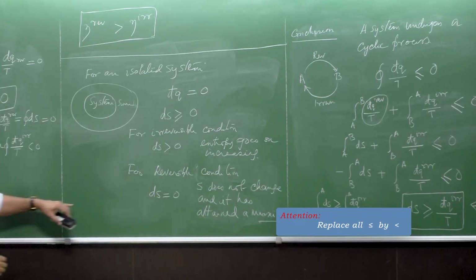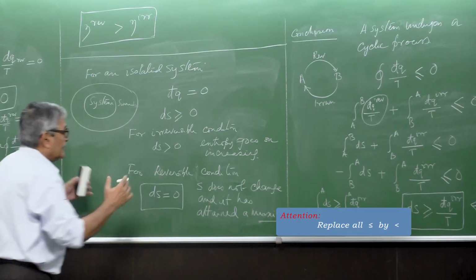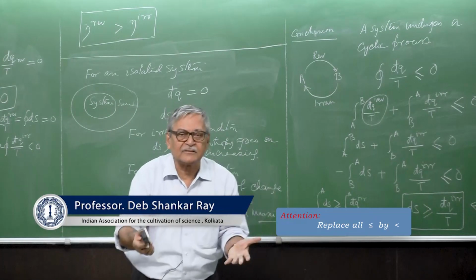So this is the condition for equilibrium of a system. When the total entropy change of an isolated system is 0, the system has reached a maximum.